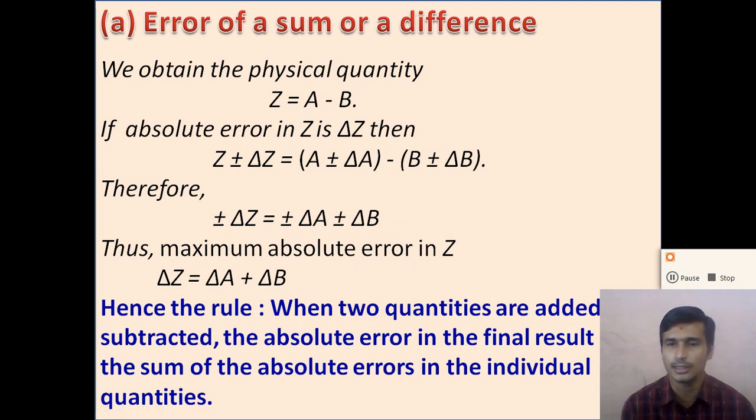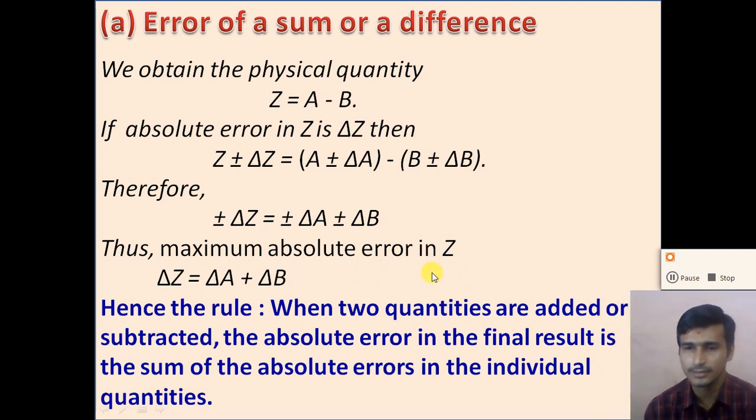So among all the four combinations of the error in delta A and delta B, what will be the maximum error? So the maximum error in this case is also plus delta A and plus delta B. So in the difference also, the maximum absolute error in Z is the addition of the individual absolute errors, right?